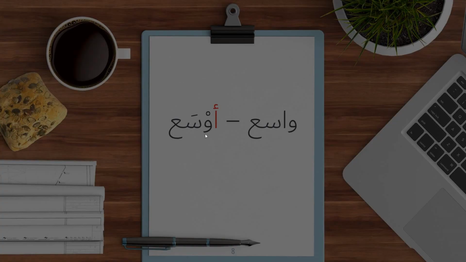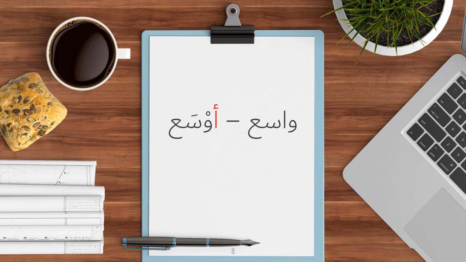Okay? Now, let's see the third group, which is 4 letters, and we have alif as the second letter. So you probably know what we did. You can notice what we did here. We moved the alif to the beginning, and we added, of course, the hamza, and we added the sukoon for the second letter, fatha on the third, and then we have the ayn.